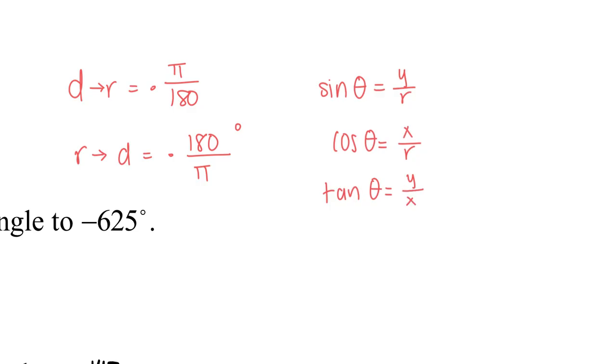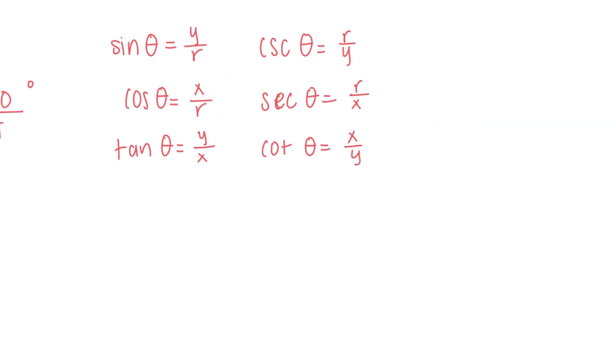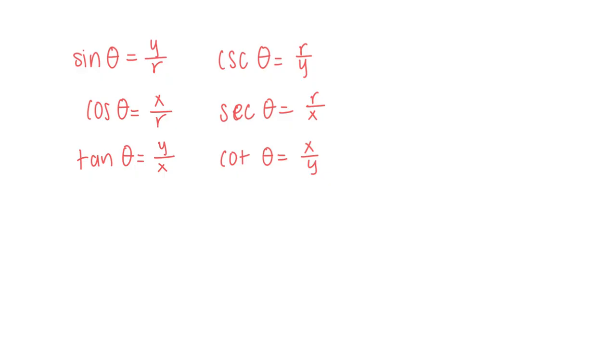Now the reciprocals: cosecant theta is r over y, secant theta is r over x, and cotangent theta is x over y. I like writing them next to each other so I know the reciprocals.